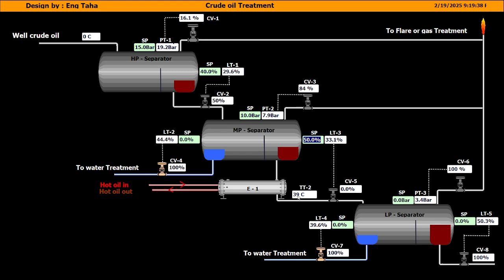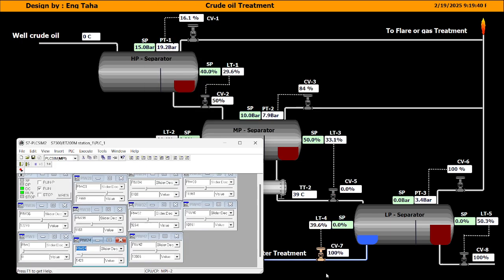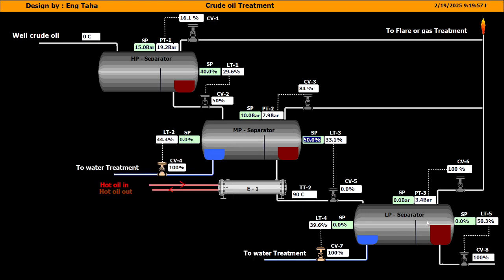And here it will increase, but not to the boiling point of water, because I don't need to make the water boil and go with the gas.